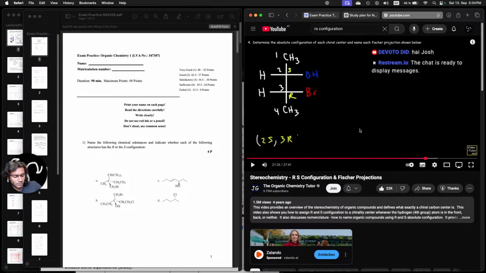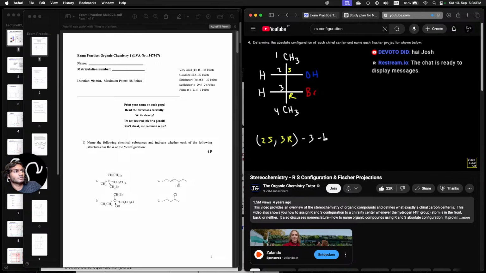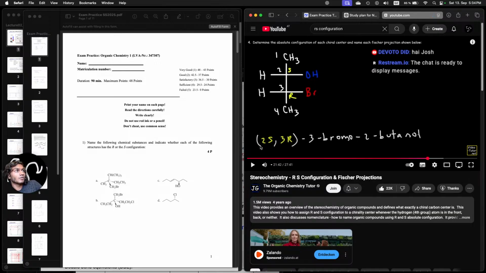Okay, 2S. And then we have a bromine on carbon 3, so this is going to be 3-bromo, and the alcohol is going to be part of the parent name, and it's on carbon 2, so it's going to be 2-butanol because we have a 4-carbon chain.